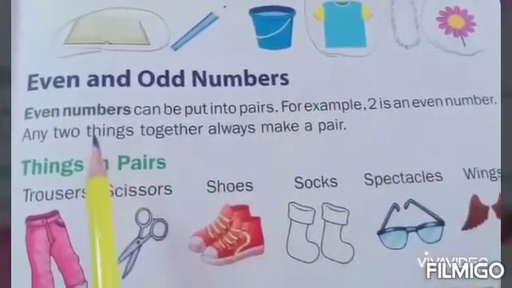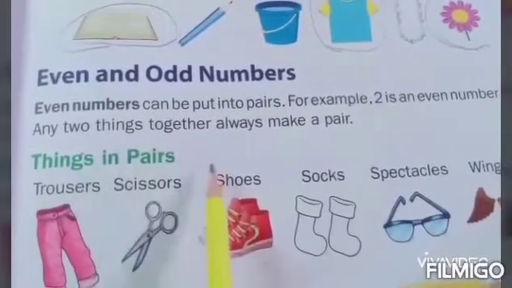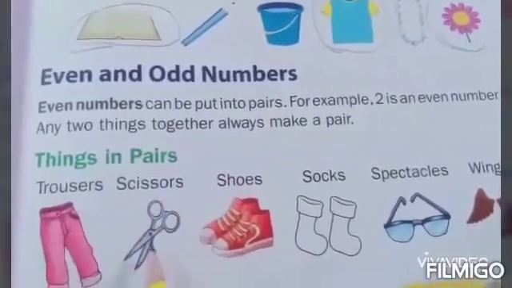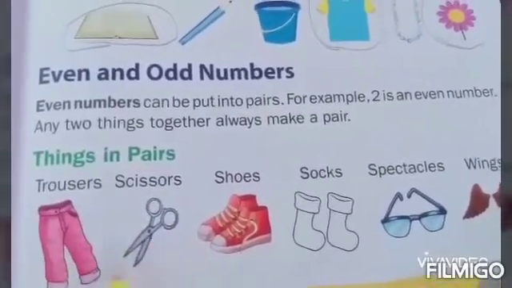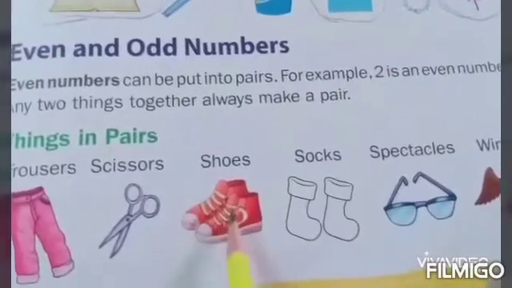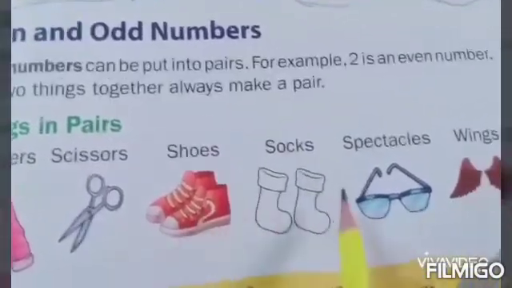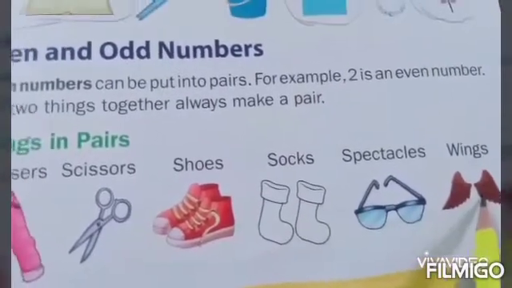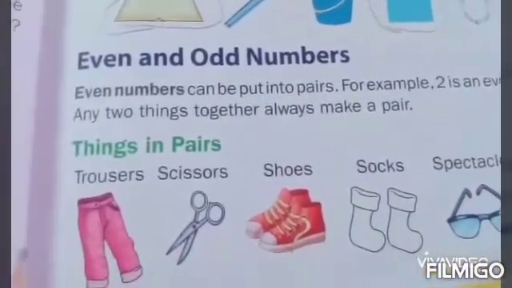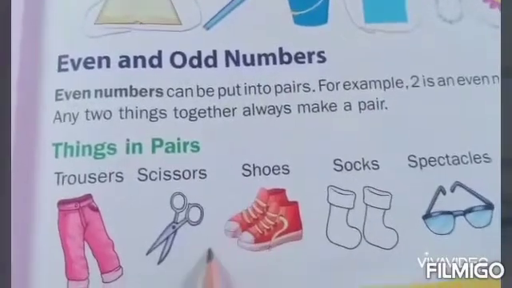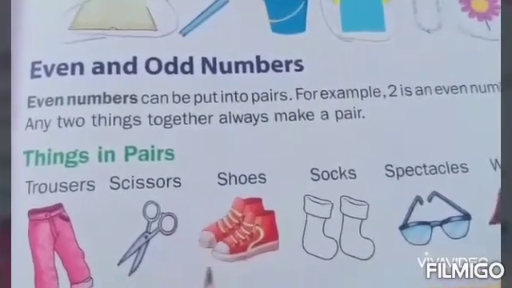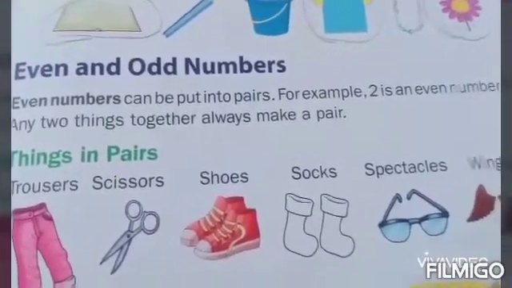Okay, so look here at the things given to us: trouser and scissor, these are a pair. Shoes and socks, these are a pair to each other, specs and wings. So if pairs have been given to you, this is the even number. The even number will always be in a pair.